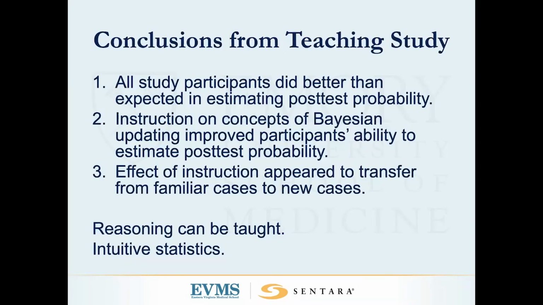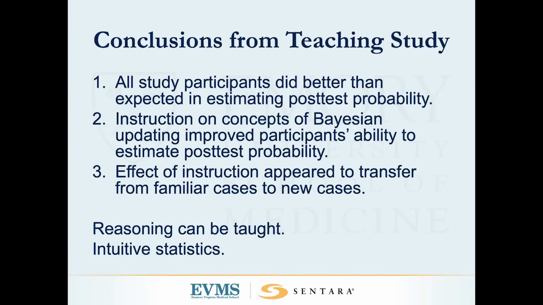So conclusions from this study: all study participants did better than expected in estimating post-test probability. Instruction on concepts of Bayesian reasoning and how a Bayesian update can be used improved participants' ability to estimate post-test probability. And the effect of the instruction appeared to transfer from familiar cases to new cases.